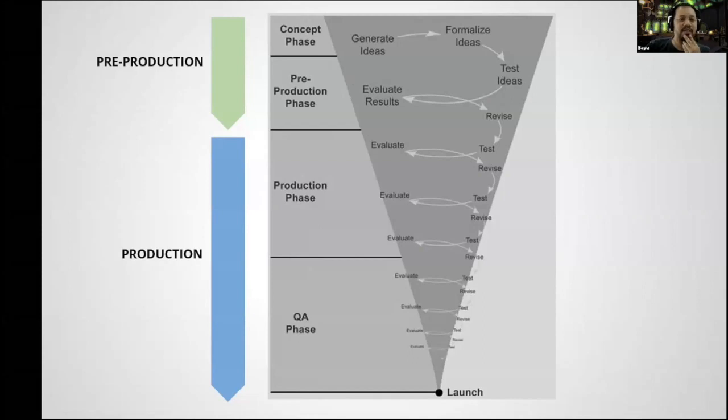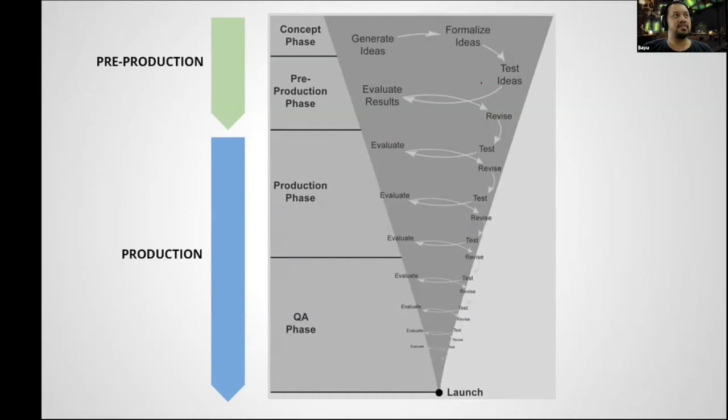So pre-production. If you look at this tornado thing here, basically it means that during the concept phase, production phase, until the QA, what you've been doing is generate idea, formalize, test idea, and so on, until it goes into the launch date.